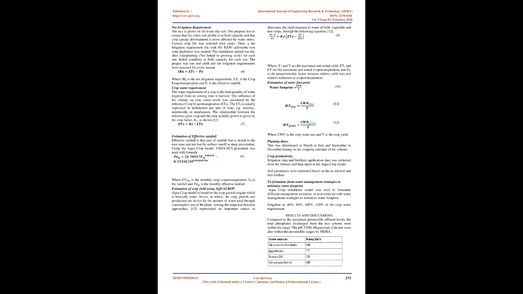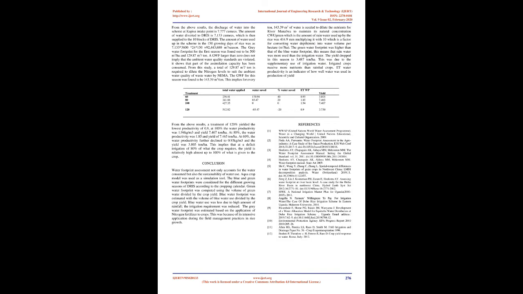Results and discussions. Compared to the maximum permissible effluent levels, the total phosphates discharged from the rice scheme were within the range. The pH, COD, magnesium, and calcium were also within the permissible ranges by NEMA. From the above results, the discharge of water into the scheme at Kapisa intake point is 7.777 cubic meters per second.